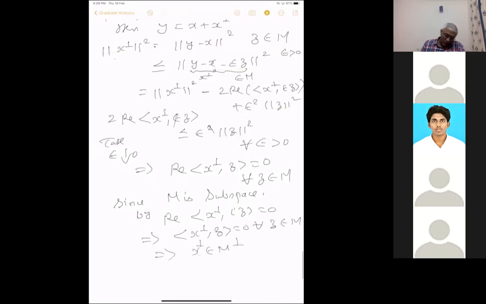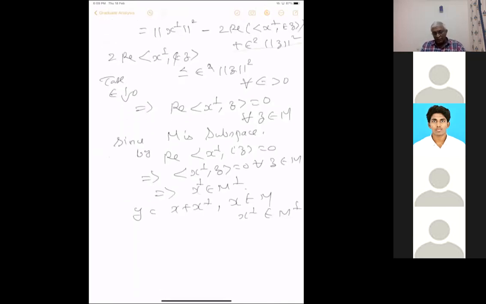So y equals x plus x perp, where x is in M and x perp is in M perp. And this is an algebraic direction, so they have to be unique. I mean, we can prove it otherwise also. Suppose y equals some other x prime plus x prime perp, with x prime in M and x prime perp in M perp.